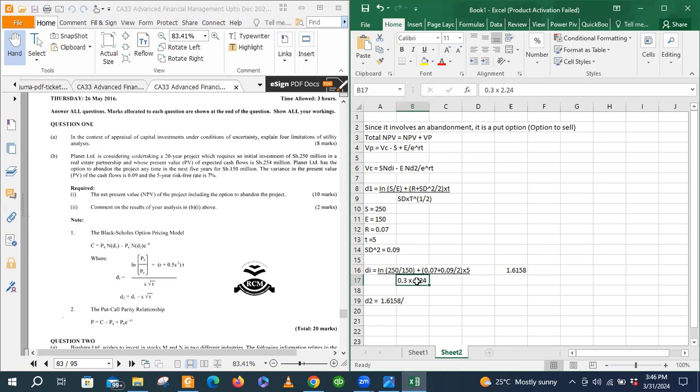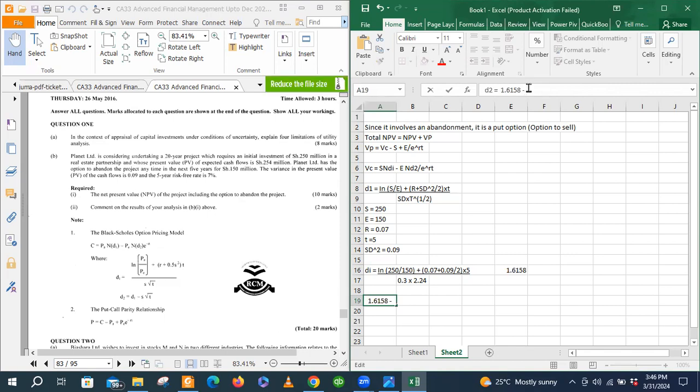Is it divide or minus? D2 is equal to D1 minus its denominator.